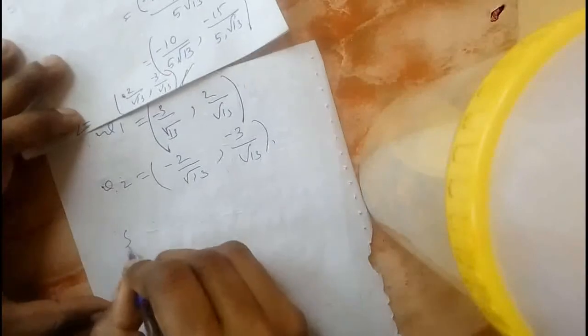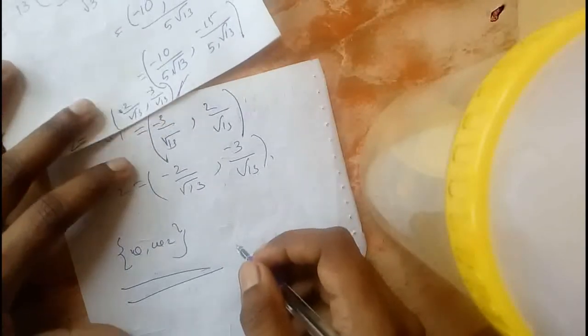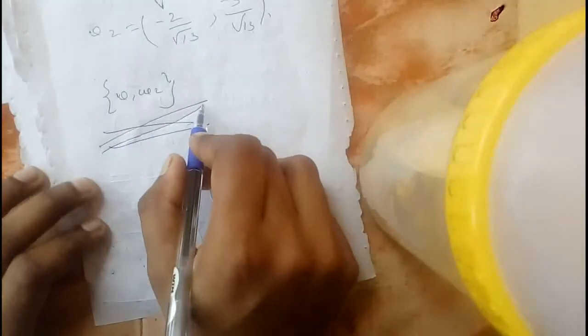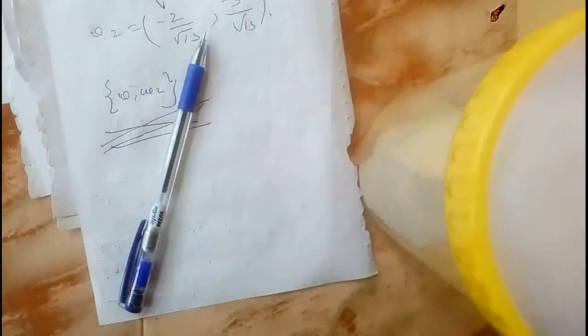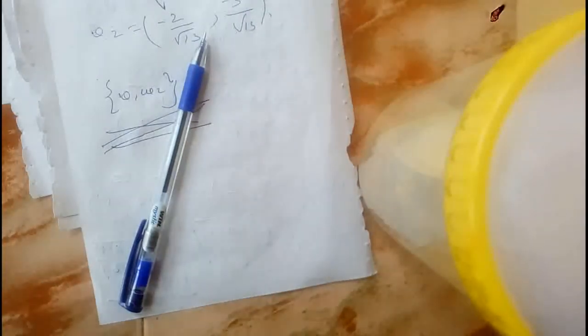So these W1, W2 are the orthonormal basis of the given basis. So we got the orthogonal basis, and next we got the orthonormal basis of the given basis. So for any basis, we can construct an orthogonal basis and an orthonormal basis.